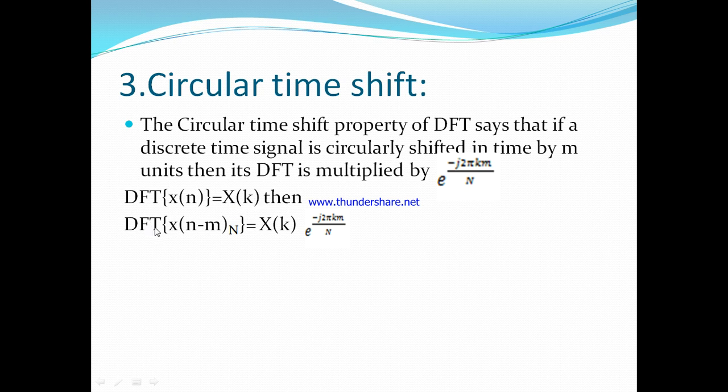So the DFT of x of n minus m, that is the discrete time signal shifted in time by m units, means its DFT is also multiplied with e power minus j 2 pi k m by N.